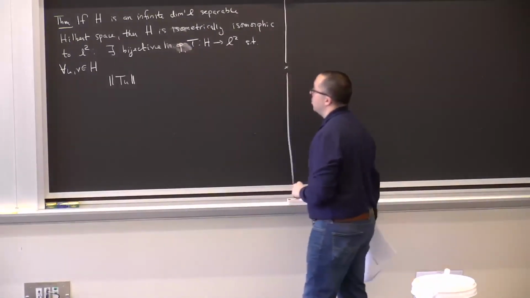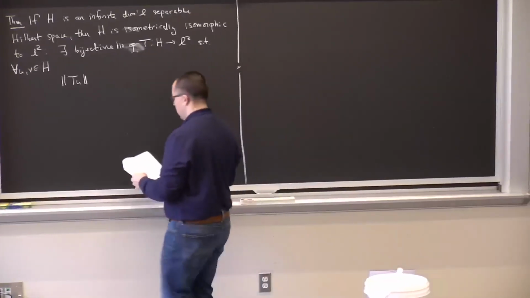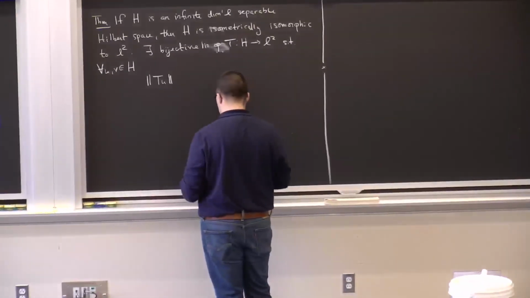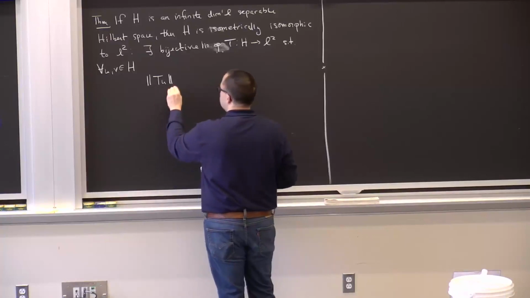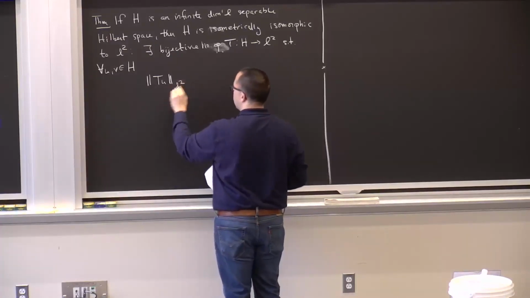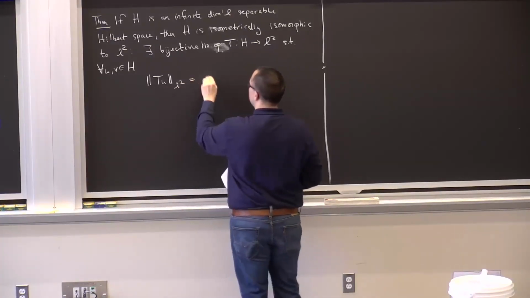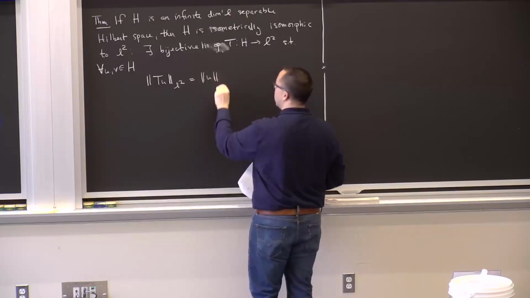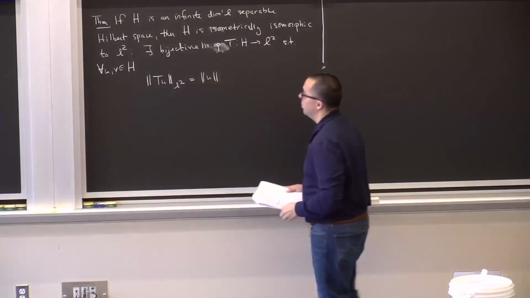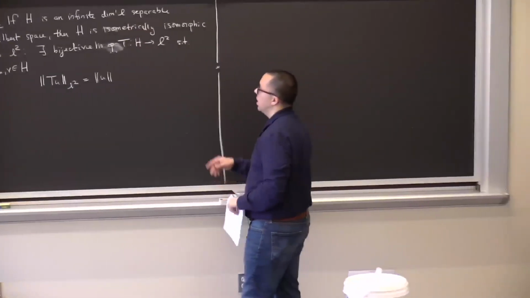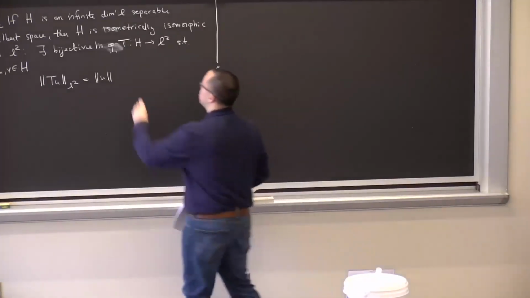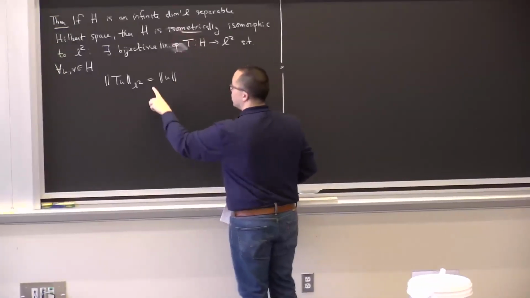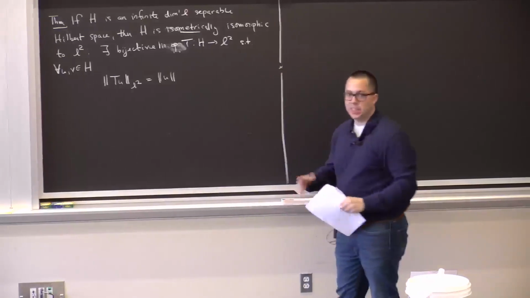So it's going to be a bounded linear map. And this follows immediately from what I'm about to write down, such that if I take the norm of the image in little l2, this is equal to the norm of the vector in H. Okay? So that's the isometric part here, is that the map is not changing lengths.